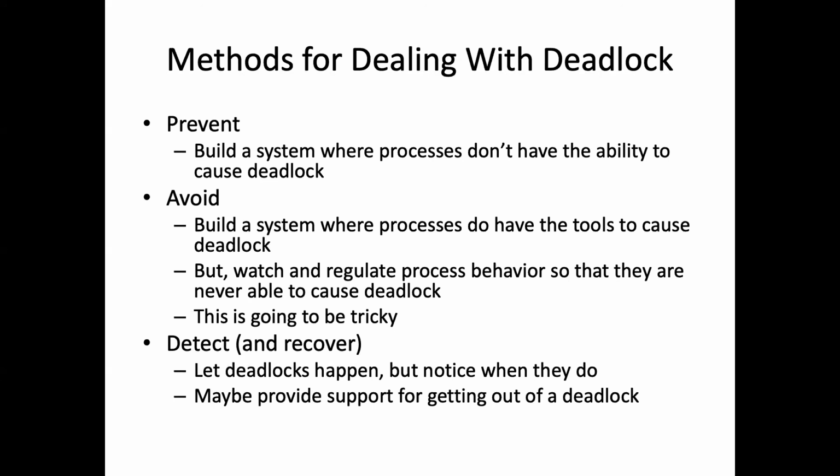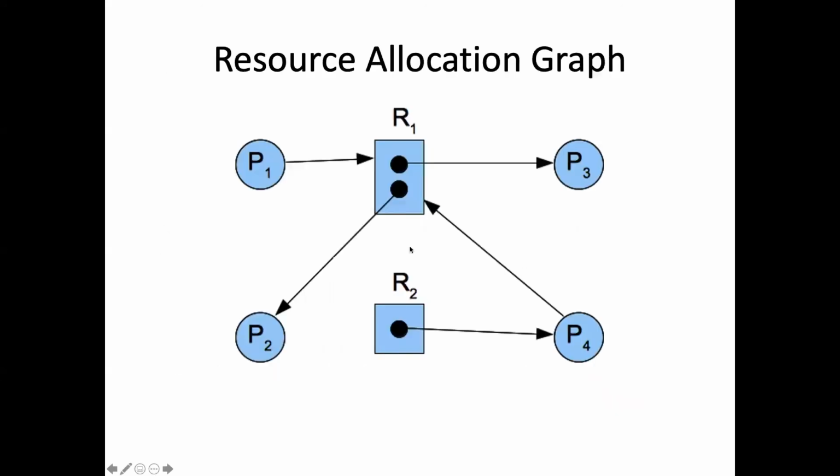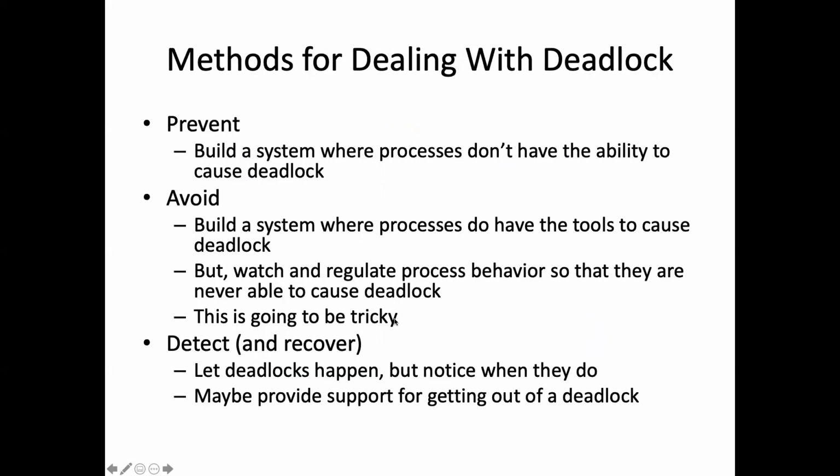All right, let's try avoidance. Deadlock avoidance is the idea of, can I build a system where processes have all of the tools they need to make a deadlock? And we'll make more sense of what that means in a little bit. But as processes run, backing up a slide, as I'm keeping up with this resource allocation graph, can I think ahead as the OS?